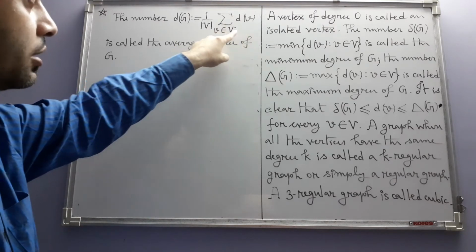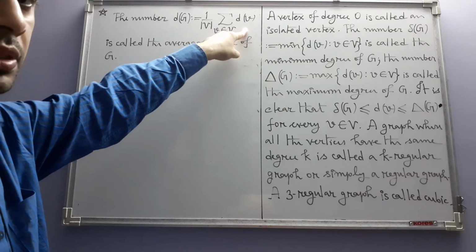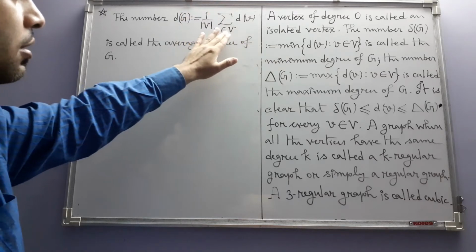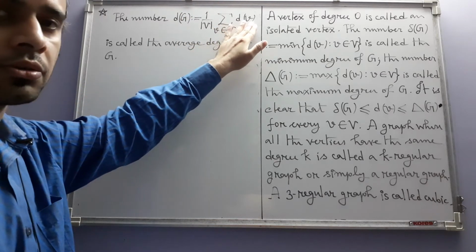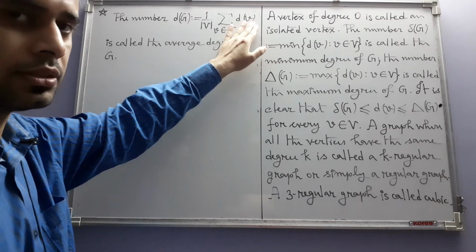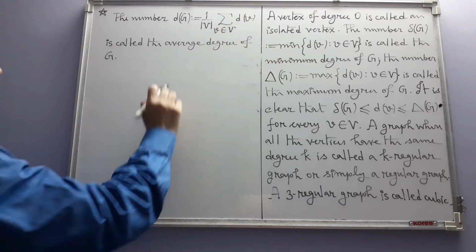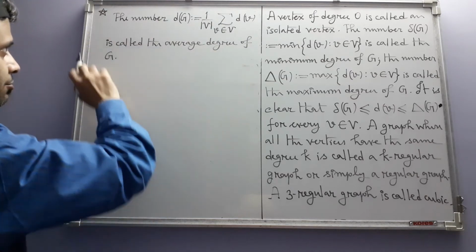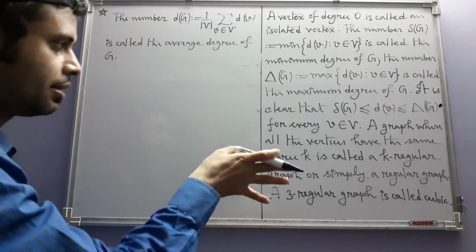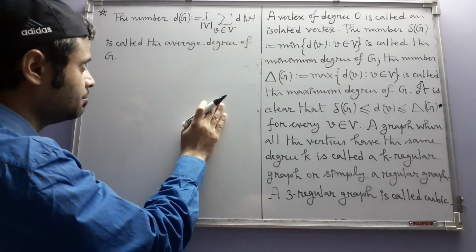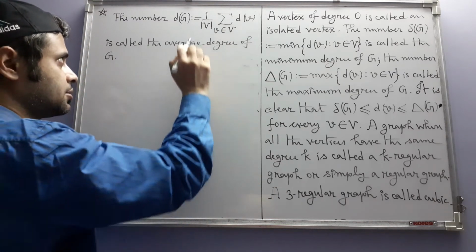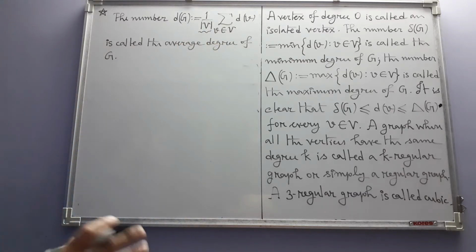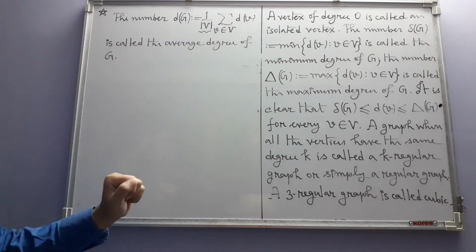It's not an infinite series, so there is no question of convergence. It's a well-defined finite sum because there are finitely many vertices and accordingly finitely many terms. One more thing to note is that in the beginning we assumed the graph, at least in this discussion, to be non-empty, so that there is at least one vertex, and because of that this denominator is non-zero, and that's why there also we don't have any problem.